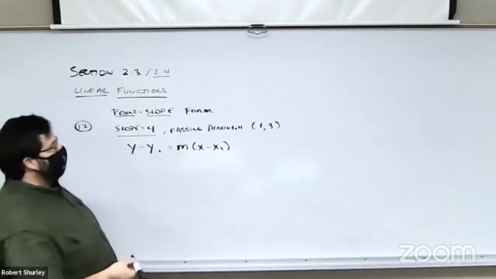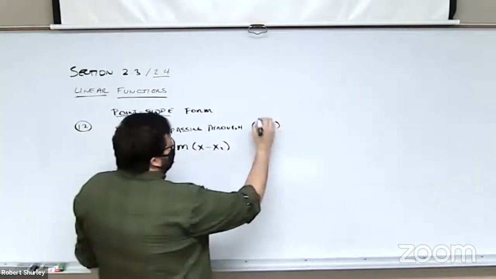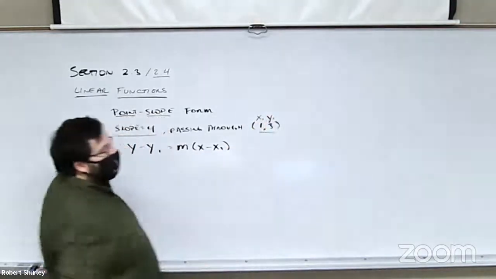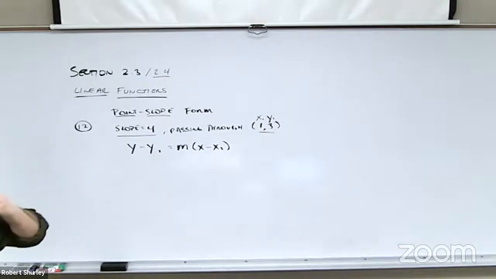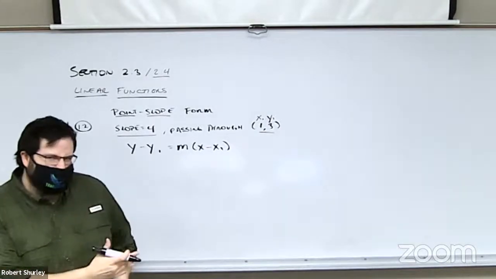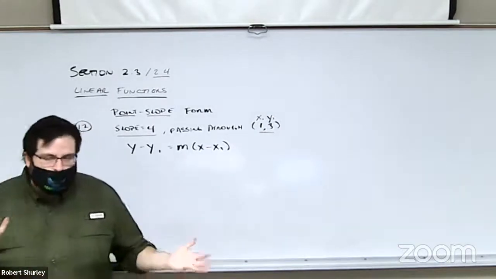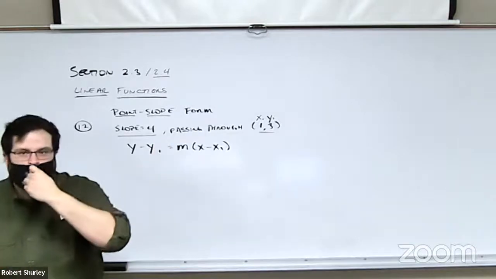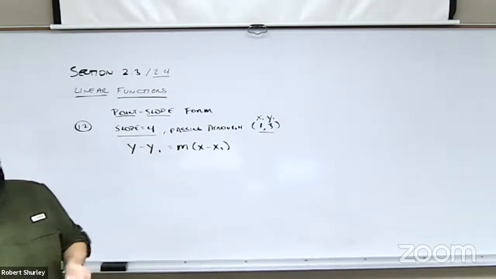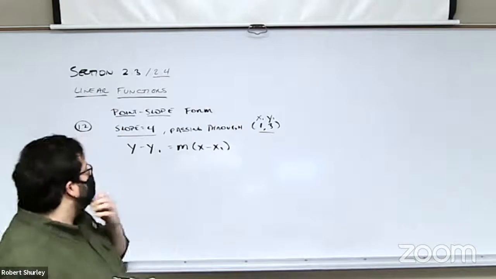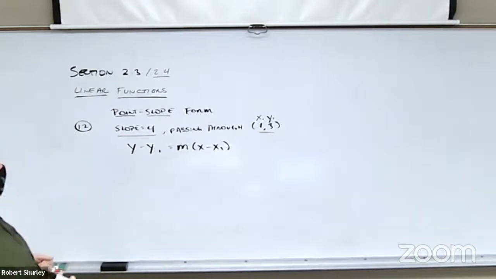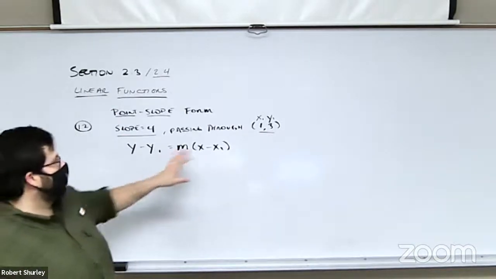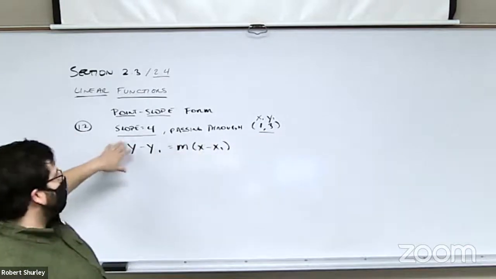We learned about that just a minute ago. This is going to be your x1, y1. We're going to see an example in a minute where they give you 2 coordinates. It doesn't matter which coordinate you choose. Either one will work. They'll both be the correct answer. But for us, it gives us the point and the slope. So we're going to put it in this form.